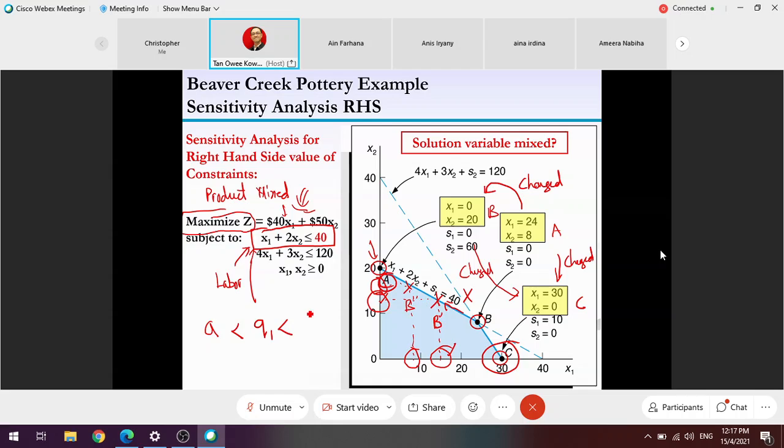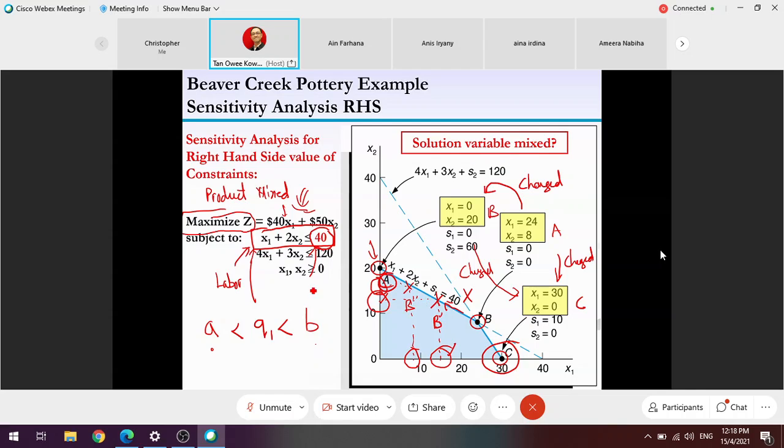So the purpose is we want to identify A and B, where if the right hand side value changes from A to B, the solution variable mix does not change. It means that if the right hand side value is from A to B, the solution will still propose Beaver Creek Pottery to produce two models, although the quantity is not the same. If it goes beyond A and beyond B, then the solution variable mix will change.